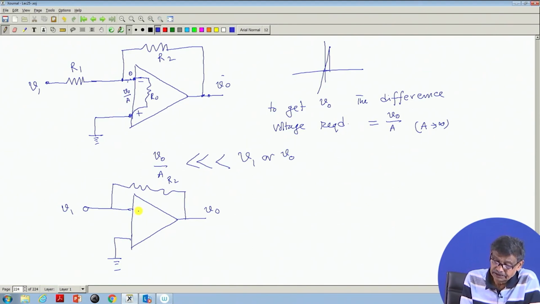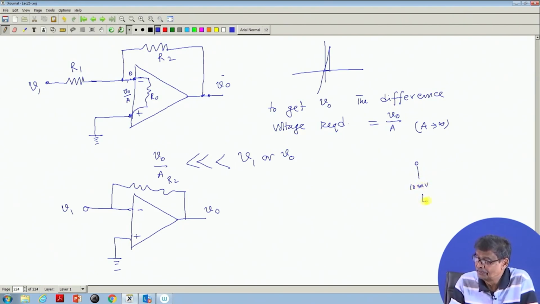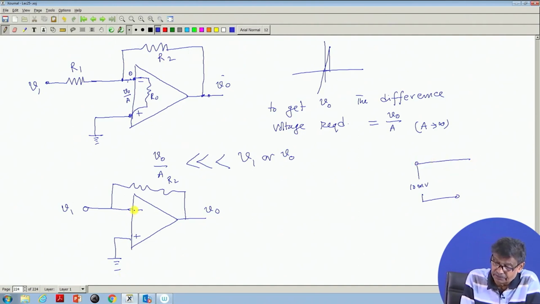What is the consequence of this ideal op amp? Can it draw any current? No, input impedance is high, and for an infinite gain you require very little voltage here compared to V1, which can be assumed to be 0. In a circuit, if you are applying say 10 millivolt, and in this branch no current is flowing and the voltage existing is 0, therefore, no current flows here.